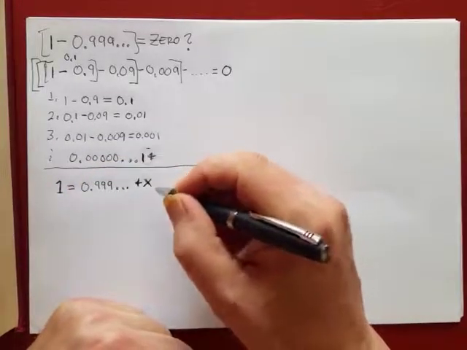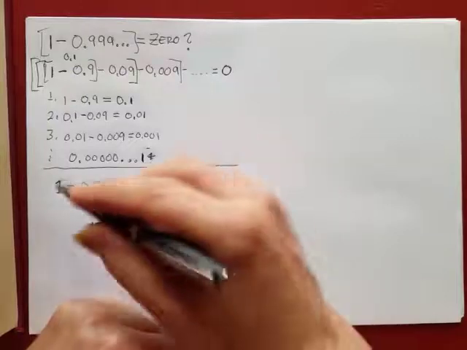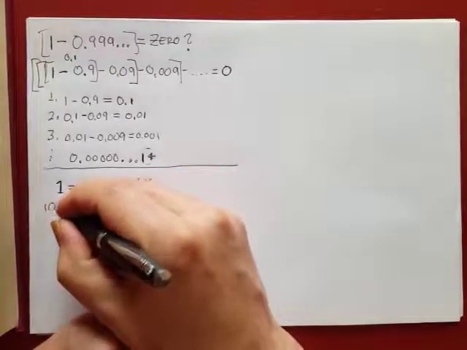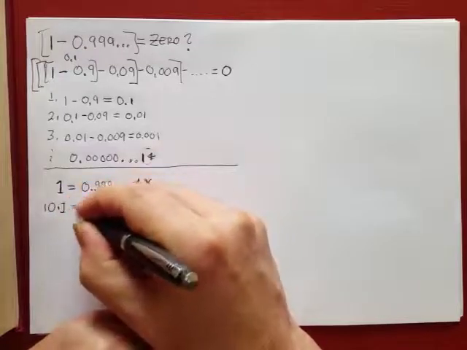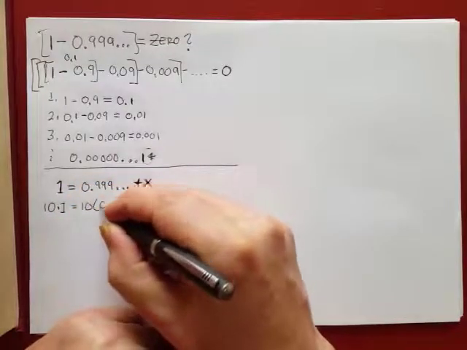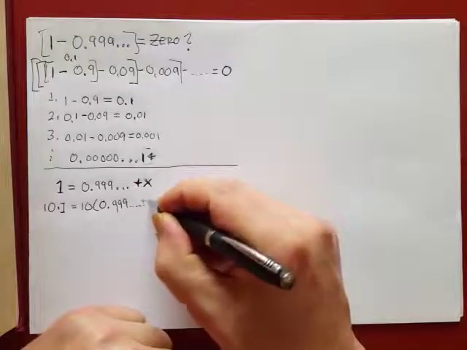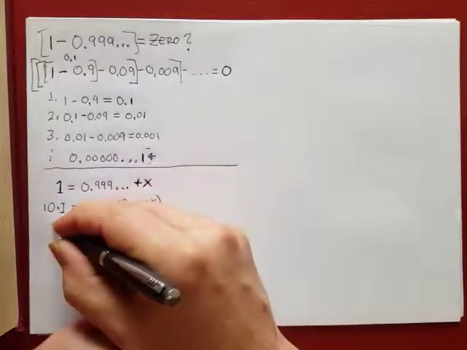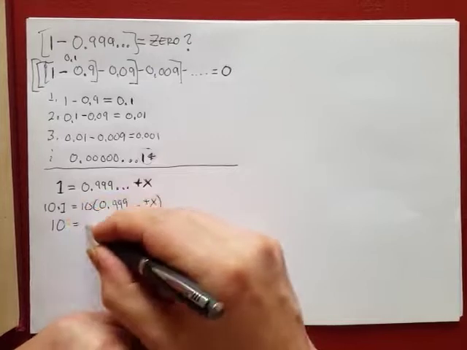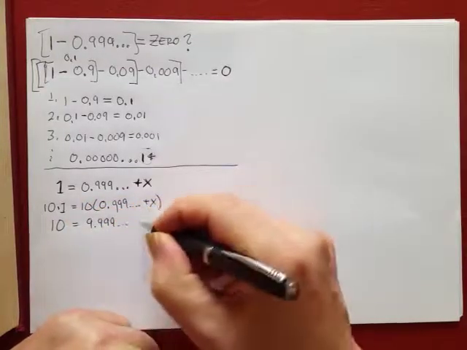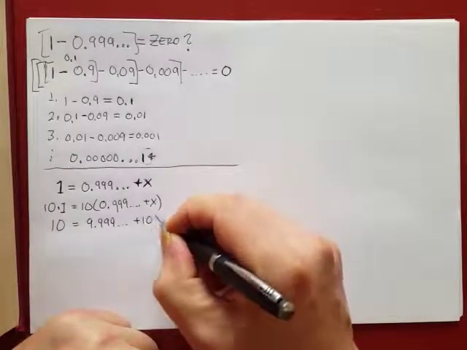And how we could start here is by multiplying both sides by 10. So we have 10 times 1 equal to 10 times 0.999 plus x. And this is, of course, 10 equal to 9.999 plus 10x.